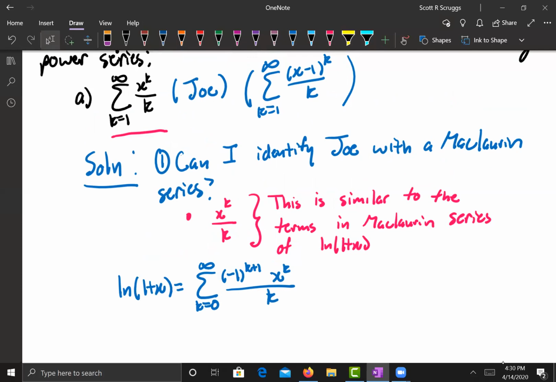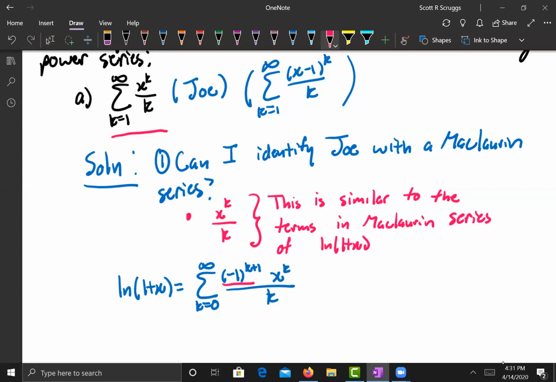So what that means is, based on knowing what the Maclaurin series for natural log of 1 plus x is, I need to figure out how I can manipulate that to get rid of the negative 1 to the k plus 1 power. The way I'm going to get rid of this term is I need to force this to always be positive 1.